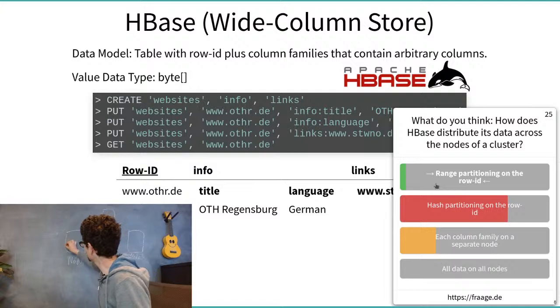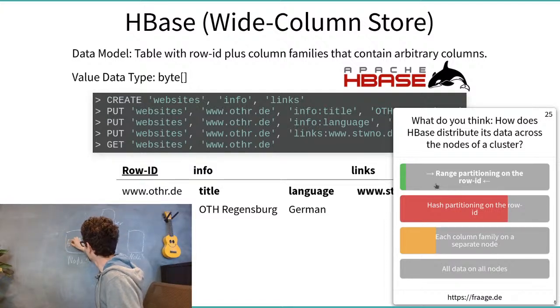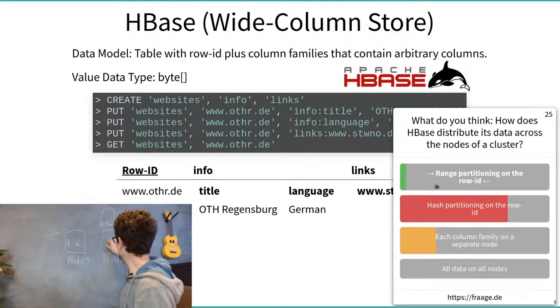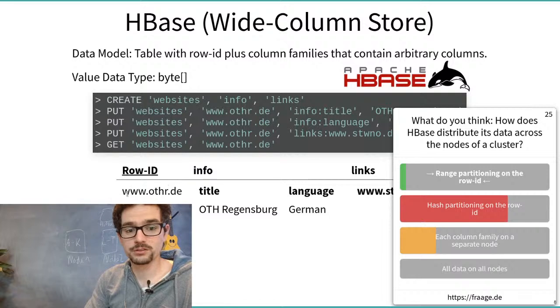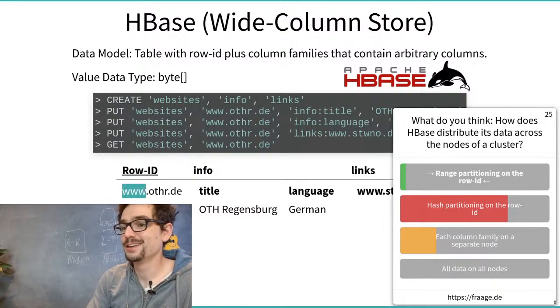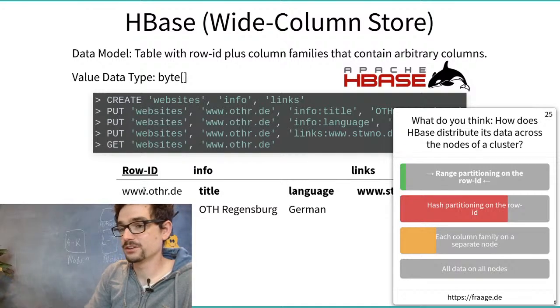So range partitioning means all rows that start with A to K are stored here. The row IDs from L to T are stored here, and from U to Z is stored there.